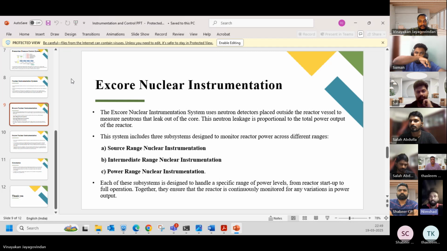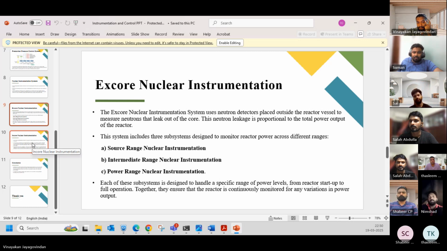The first one is source range nuclear instrumentation. The second is intermediate range nuclear instrumentation. The third is power range nuclear instrumentation. Each of the systems is designed to handle a specific range of power levels from reactor startup to full operation. Together, they ensure that the reactor is continuously monitored for any variations in power output.